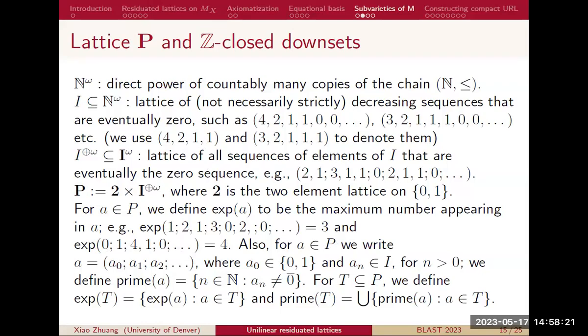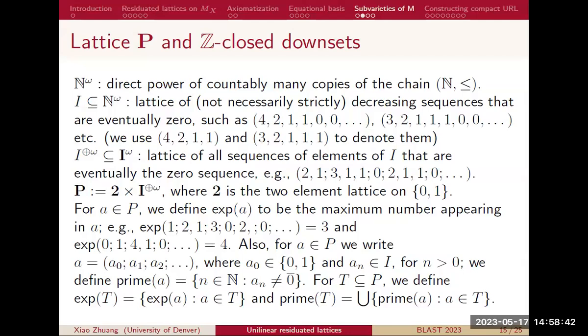And also we denote A, we know it is a sequence of finite sequences. For each finite sequence, we name it A0, A1, A2. We define A0 to be just between 0 and 1, because it's in the first coordinate, and each An is in the set I we defined above.